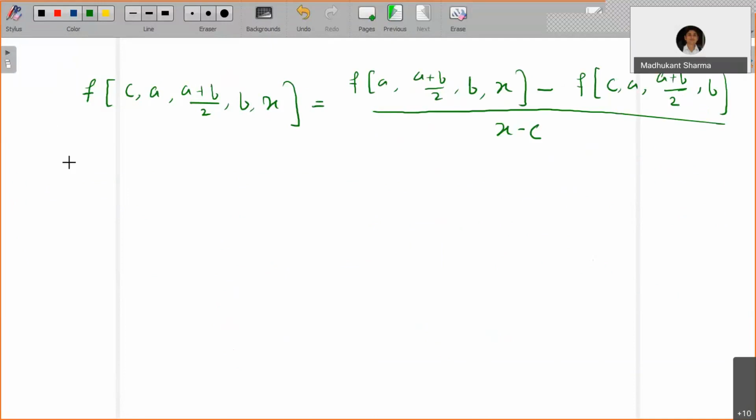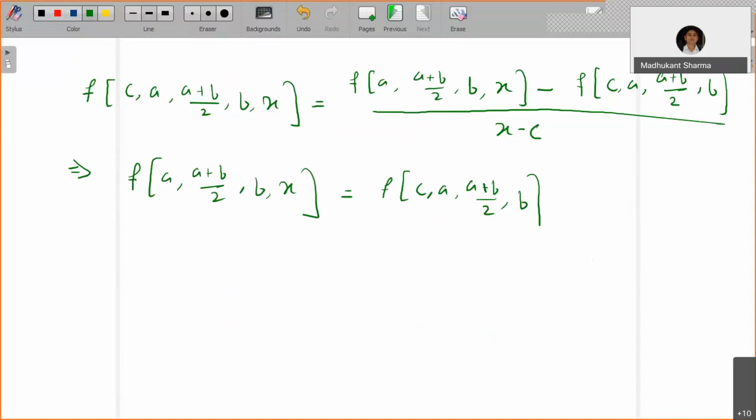Now this implies f of a comma (a plus b) by 2 comma b comma x is equal to f of c comma (a plus b) by 2 comma b, for any point c in between a and b, plus the next divided difference f of c comma (a plus b) by 2 comma b comma x times (x minus c).